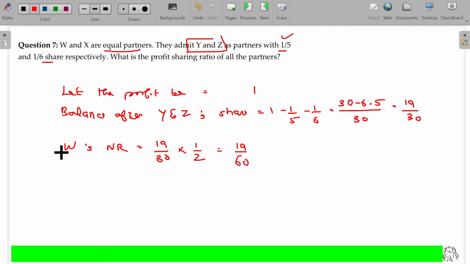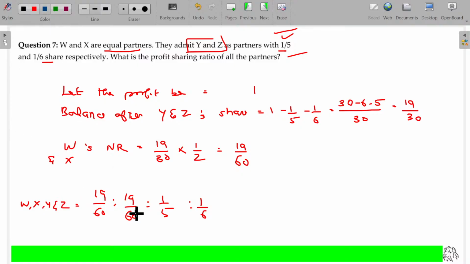Similarly, for X also the same, 19/60. For Y it is 1/5. For Z it is 1/6. W, X, Y and Z.